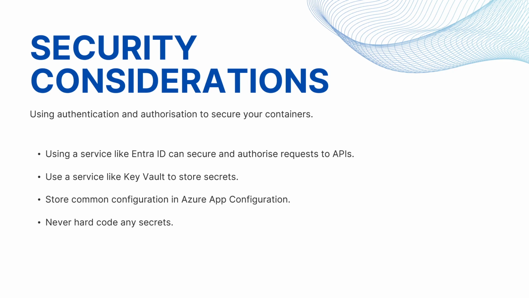Generally we would use a service in the Microsoft world, like Azure ID, previously Azure AD, to create app registrations, and we would have tokens issued, and we would authenticate access to those APIs. And then authorization would define what that person is allowed to do, so what calls they're allowed to make.